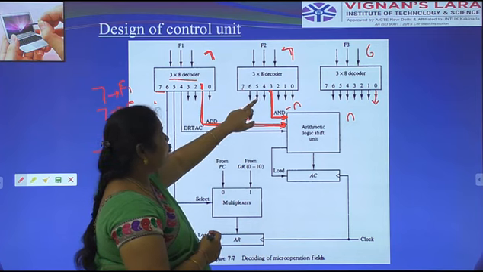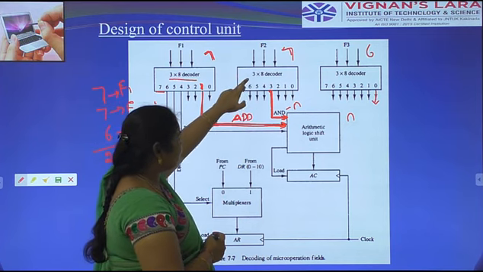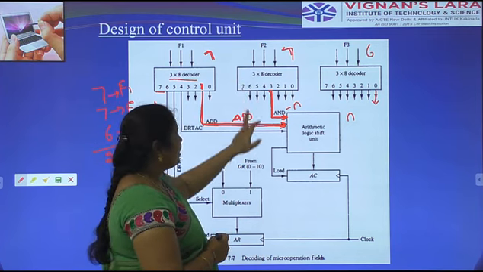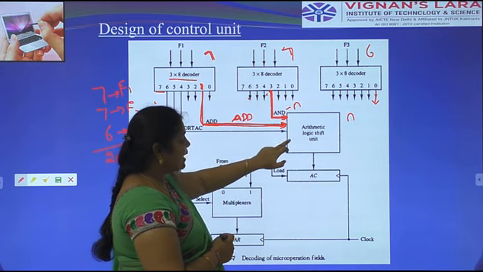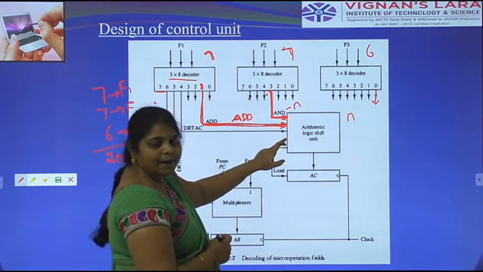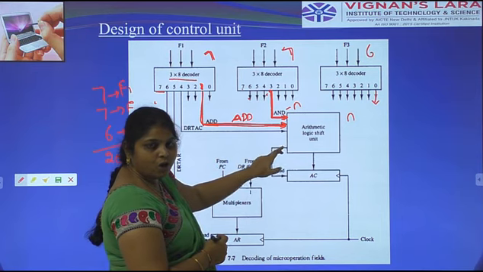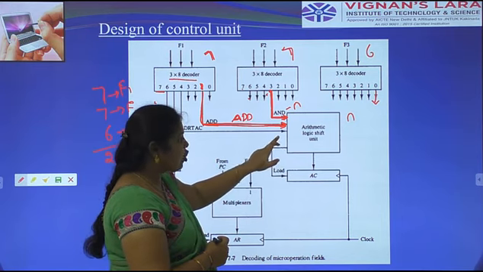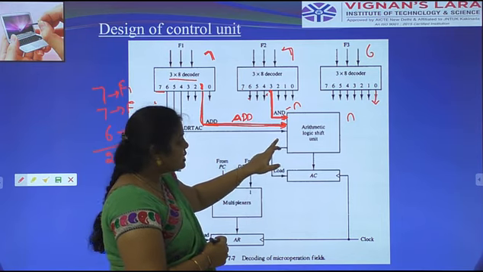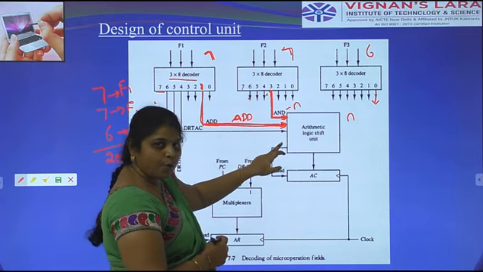Coming to the F2 field, it consists of a 3/8 decoder. Its output is the input to the arithmetic logic shift unit. The arithmetic logic shift unit performs all arithmetic, logic and shift operations, which are used for all computational problems.